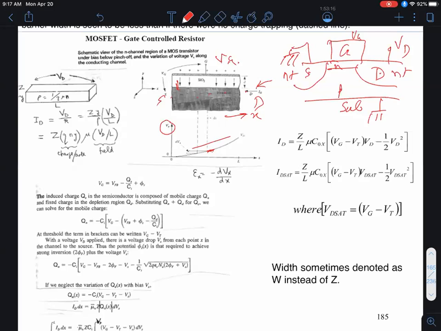And as VX rises, the voltage difference between the gate and the channel goes down, and therefore there's less effective gate voltage available to invert the channel, and that's what causes this inversion region to gradually get pinched off, okay?